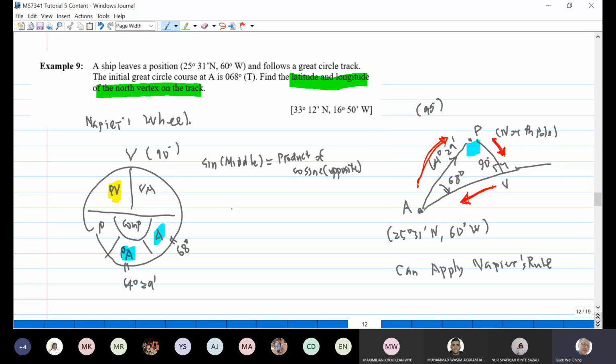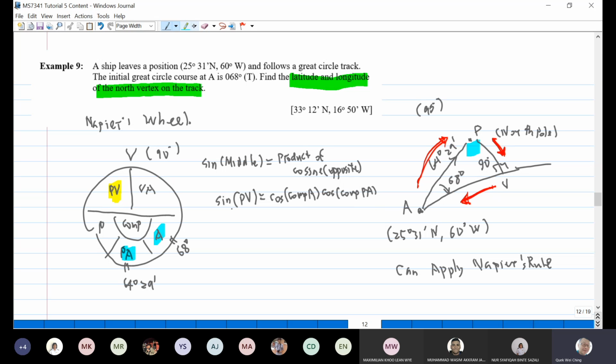This is sine of PV, equal to cosine of co-A, since A is below the view, and cosine of co-PA, also below the view.